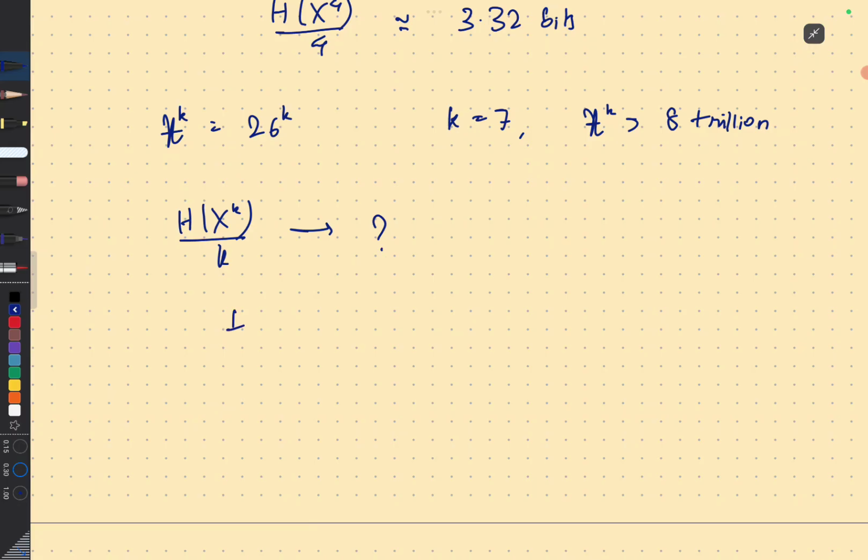So if this is an mth order Markov chain, and we're assuming throughout that all of this is stationary, that is, the distribution of any chunk of k symbols is the same no matter where you see it in the source sequence.